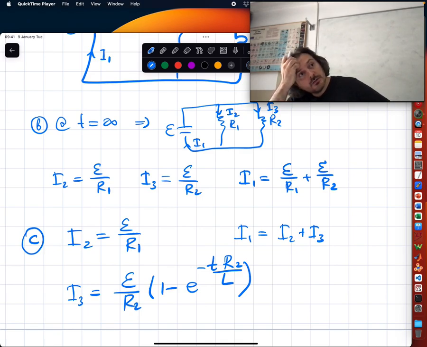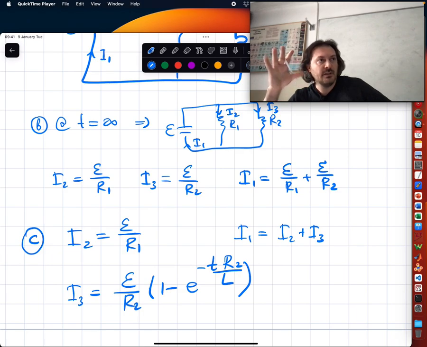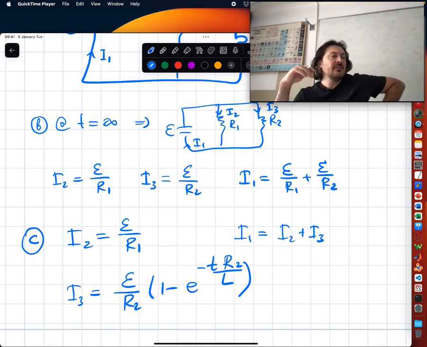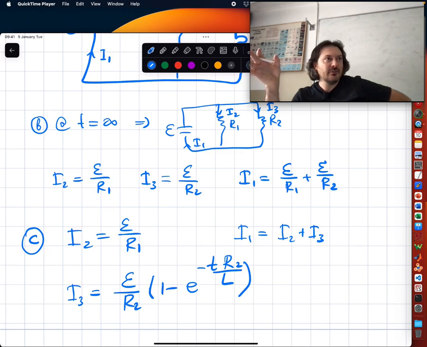Can we find evidence of these circuits? Impedance? Impedance is not in the exam, but yes, we can. Can we talk about impedance when we are talking about DC circuits? You shouldn't. DC circuits are like very slowly changing AC, right? So omega goes to 0.